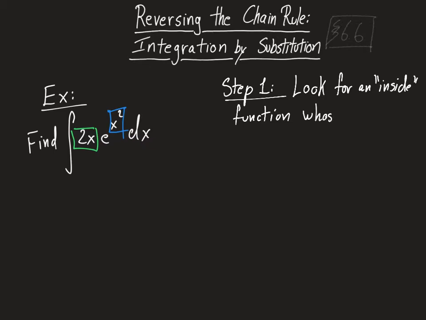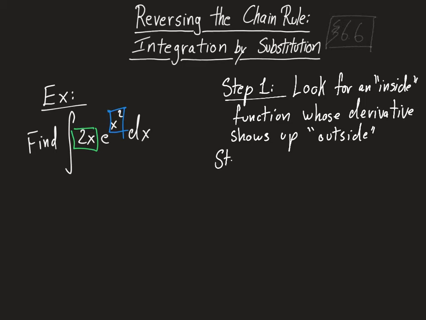But you specifically want one whose derivative shows up outside. And in this case, I've already colored these in for you. The inside function you can see is going to be x squared. And note that 2x is the derivative of x squared and shows up outside.